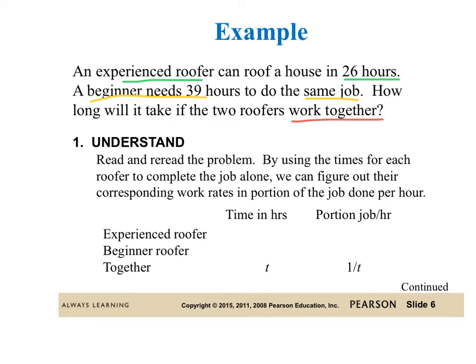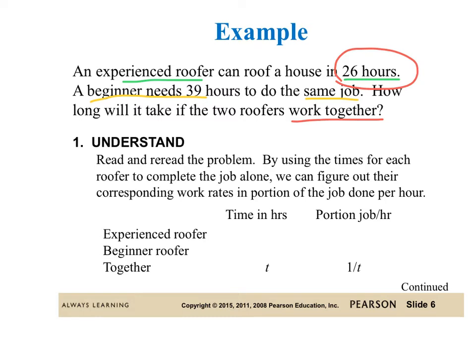Now, one of the things you want to take into account before we ever start this problem is that it doesn't make sense that if the roofers work together, the entire job is going to take 26 hours or more. Because the experienced roofer can do the whole job if the beginner sits there and doesn't do anything but clean his fingernails or drink tea.